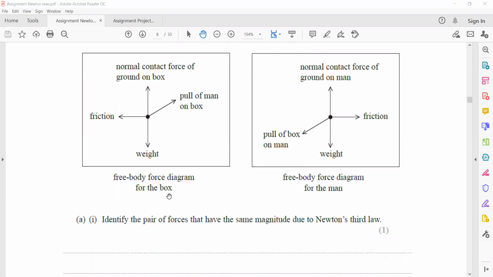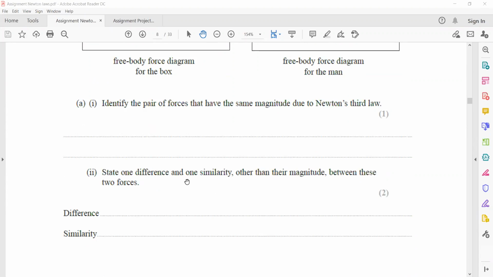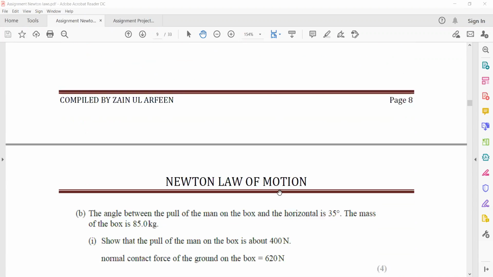This is the free body force diagram for the box, and this is the free body force diagram for the man. One difference and one similarity: the Newton pair forces act in opposite directions, and they have the same magnitude.